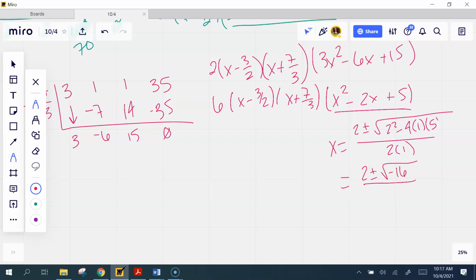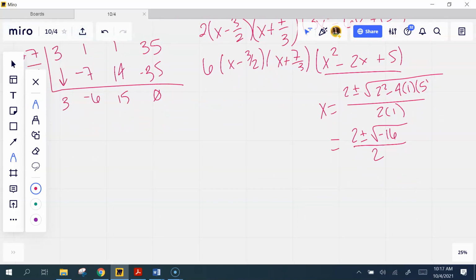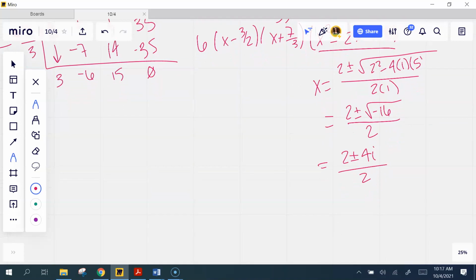I'm getting my numbers all back. All right, so square root of negative 16 is what? Y'all can do this. What'd you say? 4i. And I could technically divide all these by 2, just to make it a little easier as I write my linear factor. 1 plus or minus 2i.